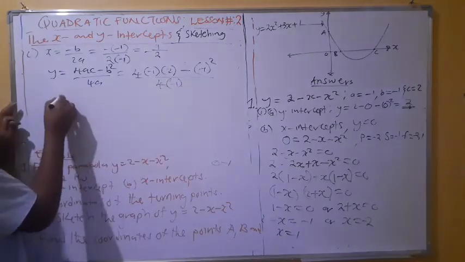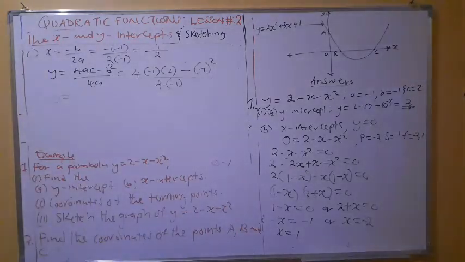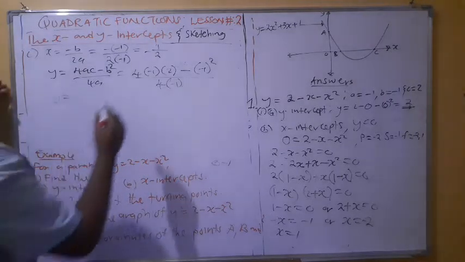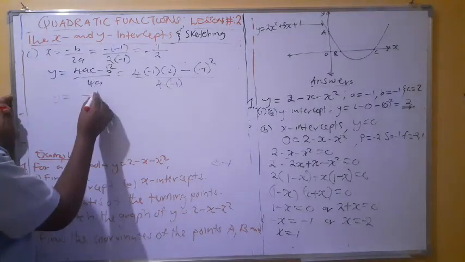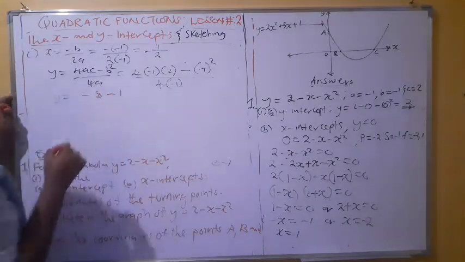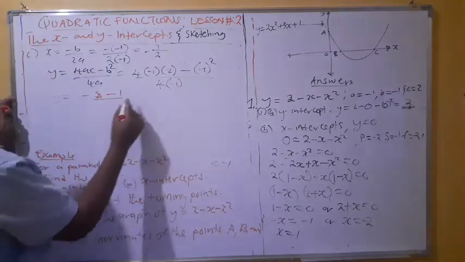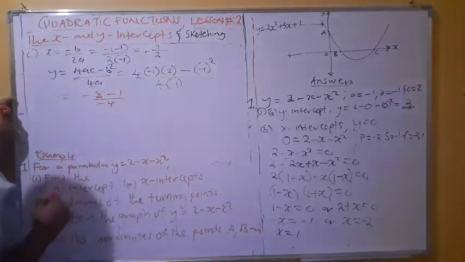So we have y is equal to, here you have negative 8 minus 1, because when you square this, you get 1, over negative 4.